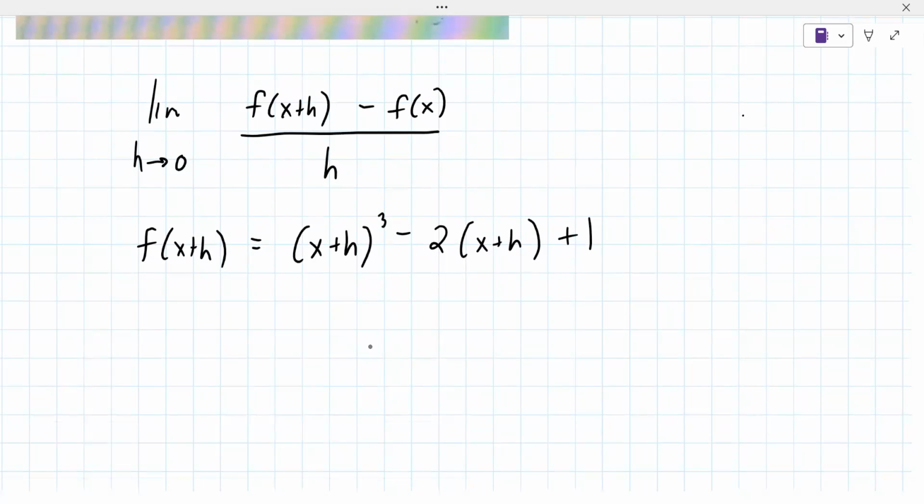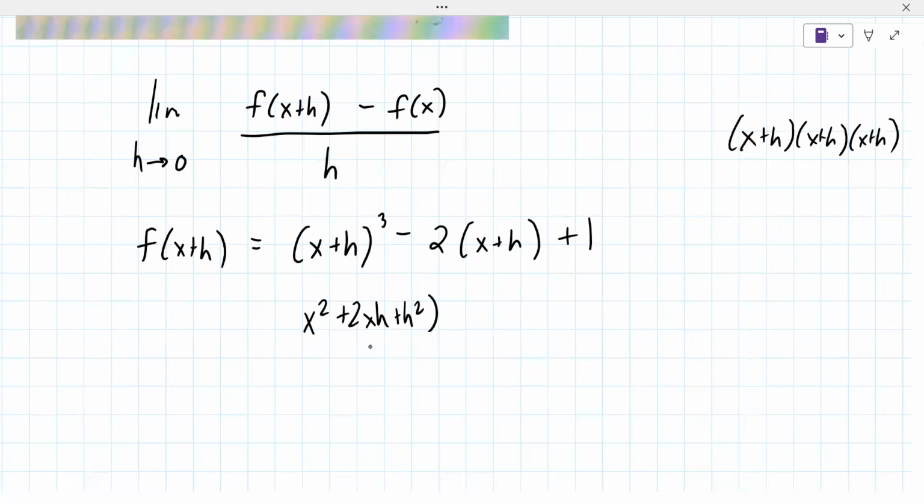If you recall, it's x plus h times x plus h times x plus h. And you end up getting x squared plus 2xh plus h squared times x plus h. Okay, so we have to expand that. The middle one becomes minus 2x minus 2h plus 1.